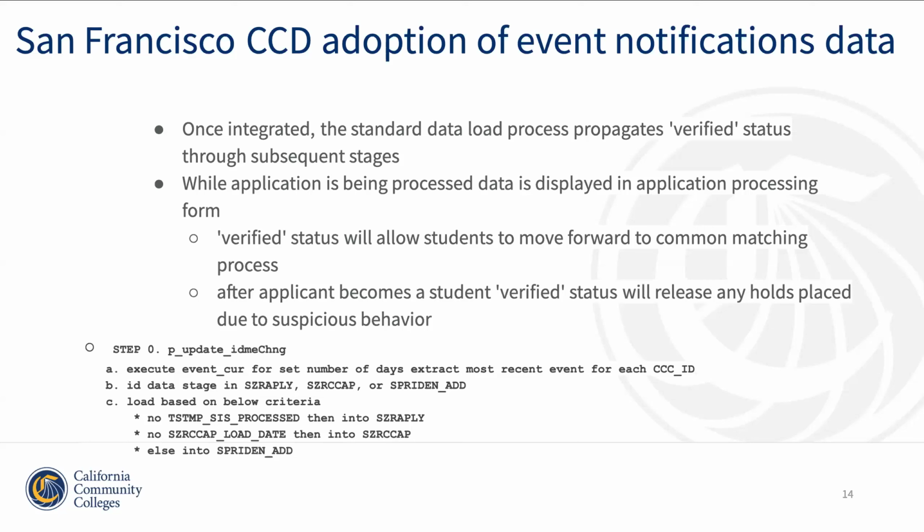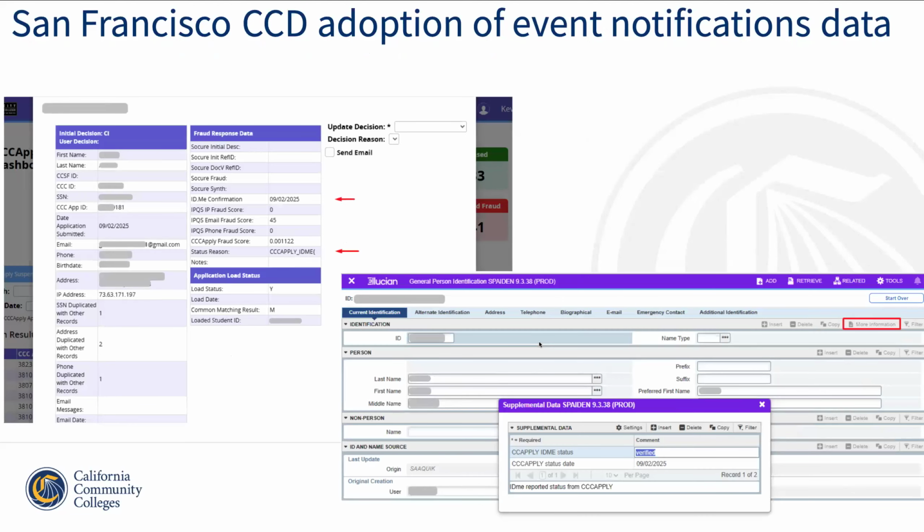Once a verification does come through, the application is released and makes its way into the SPRIDEN people table for Banner itself. Next slide. Within the SPRIDEN table, they've incorporated some additional field components that they use to track the verification and the verification details that came with it.